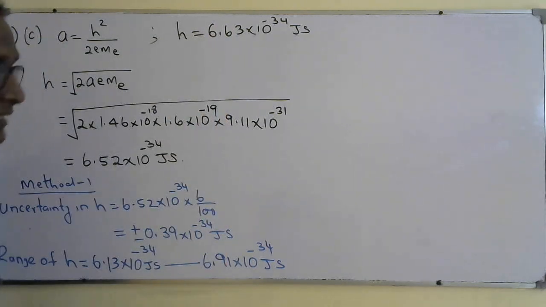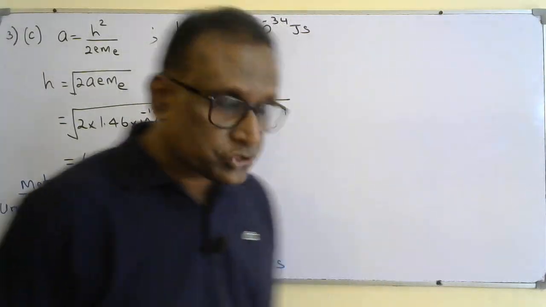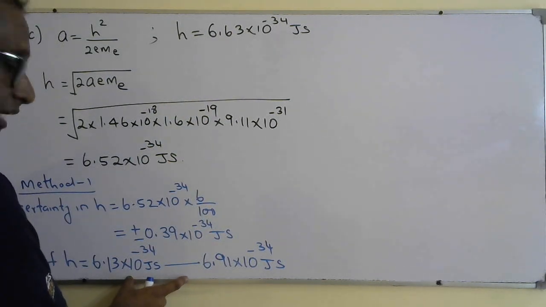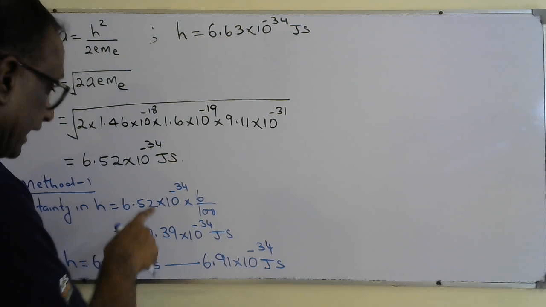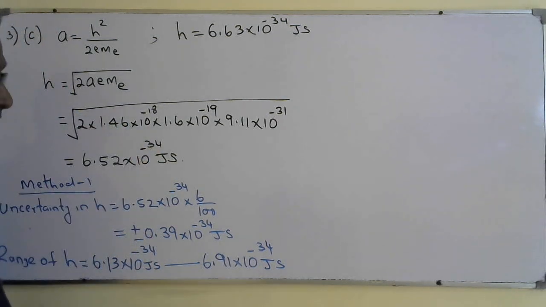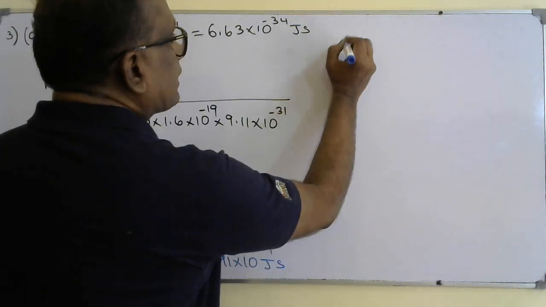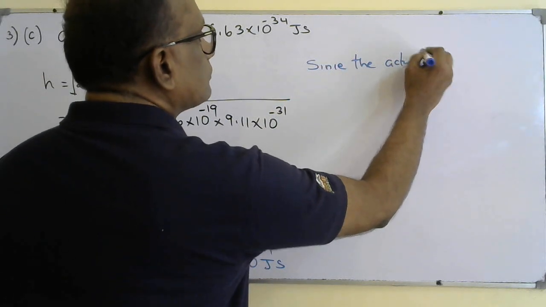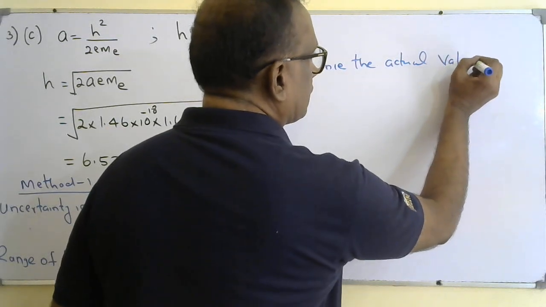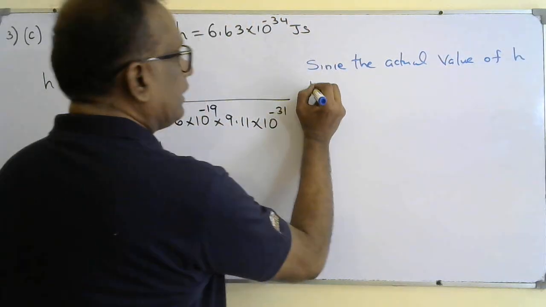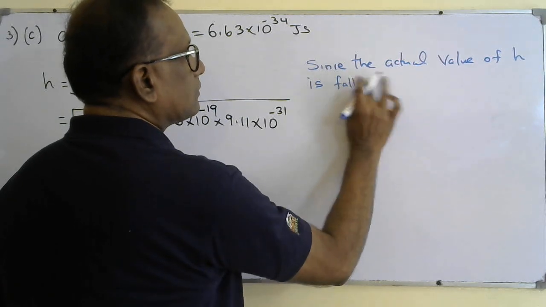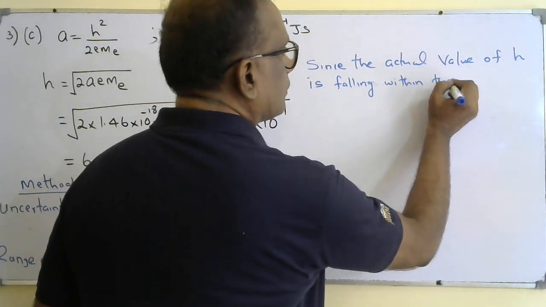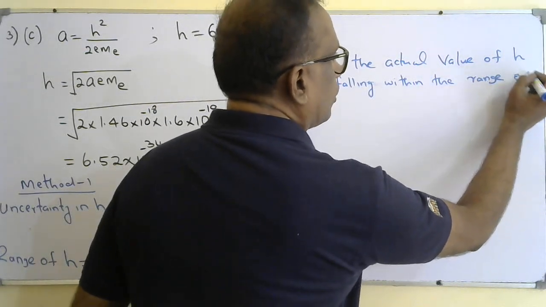The actual value is 6.63 × 10 to the minus 34. So check whether the actual value is falling within the range. Yes, this is falling within the range of your experimental value. Therefore, the range of the experimental value is correct or acceptable. After that, you should say, since the actual value of h is falling within the range of the calculated value, the calculated value is correct.